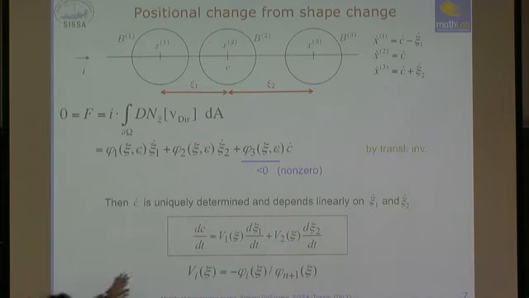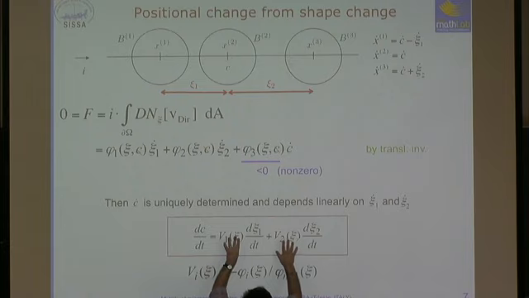So this equation is a simple ODE, and it shows to you that if you want to break the rigid link between causes, shape changes, and effects, positional changes, you need a nonlinear ODE. If it's linear, because the linearity in velocities is given to you, because you are Stokes, and if you have coefficients that are independent of shape, then you go nowhere.